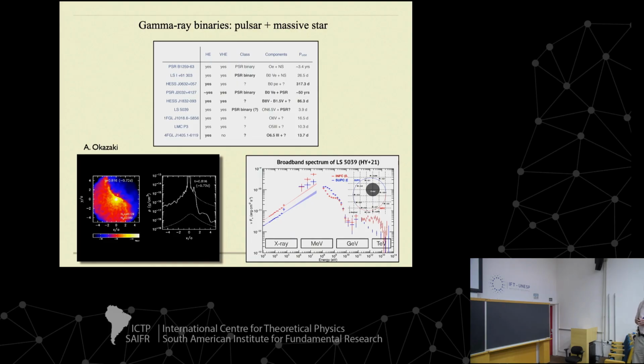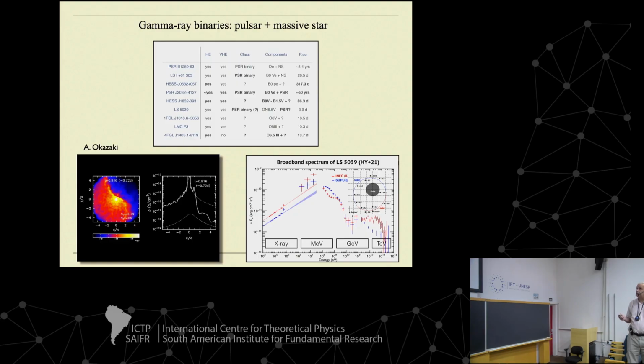So there are some extremely famous ones, like PSR 1259-63. This system was postulated as a potential gamma ray source by Marco Tavani a long time ago in the 90s. And then we have LS 5039? No, LS I +61 303.